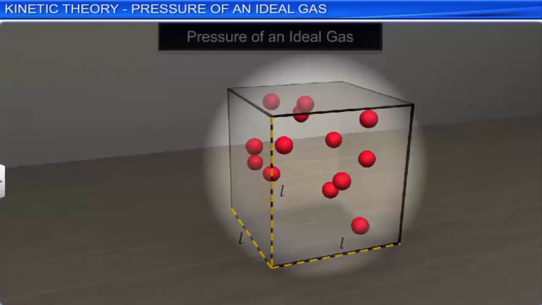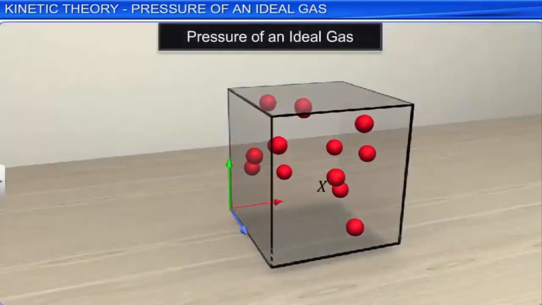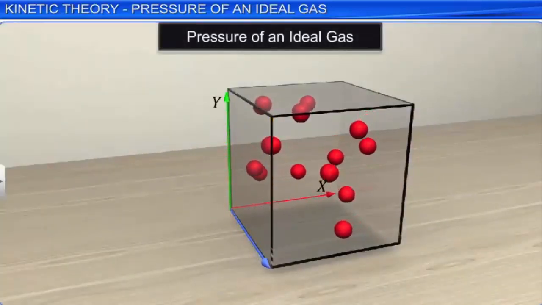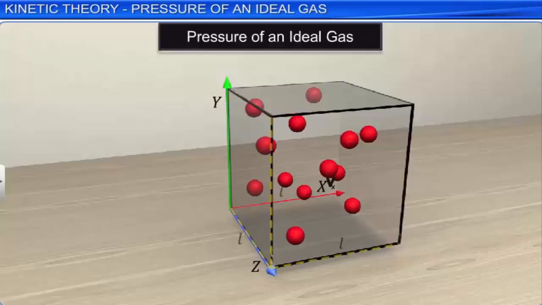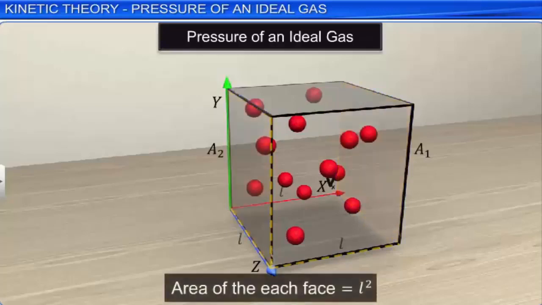Take the X, Y and Z axes to be parallel to the sides of the cube and call the faces perpendicular to the x-axis A1 and A2. The area of each face is equal to L squared. These two faces are parallel to each other.